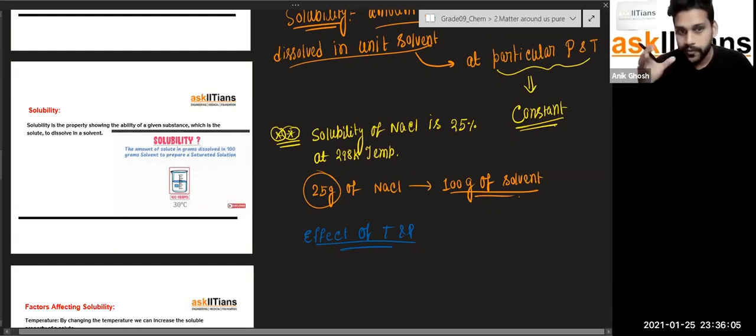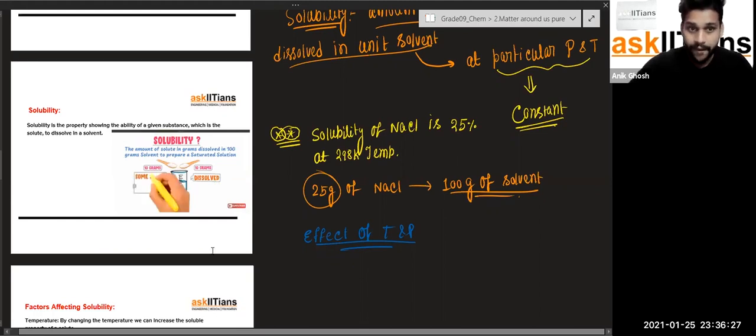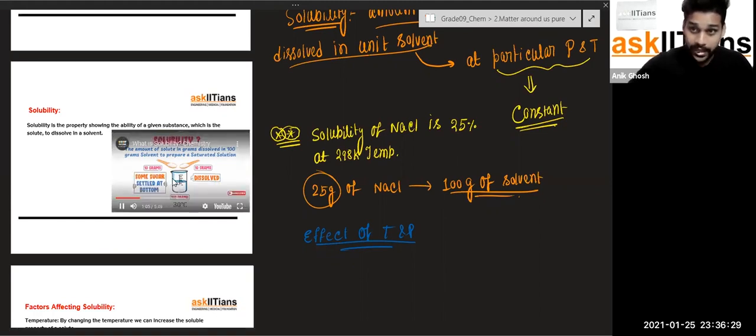So at 30 degrees centigrade, if you take a beaker, and there are 100 grams of water and 10 grams of sugar is mixed there, it would get easily dissolved. Now again he is mixing another 10 grams of sugar, so again it is getting dissolved. That is the situation now.